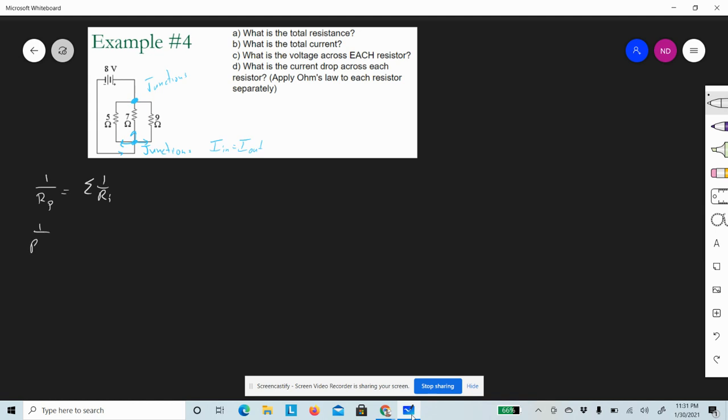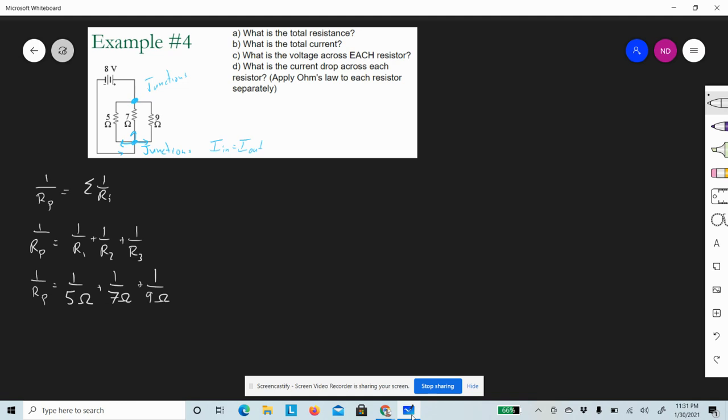So 1 over Rp is equal to 1 over R1, plus 1 over R2, plus 1 over R3. In this case, 1 over Rp equals 1 over 5 ohms, plus 1 over 7 ohms, plus 1 over 9 ohms.